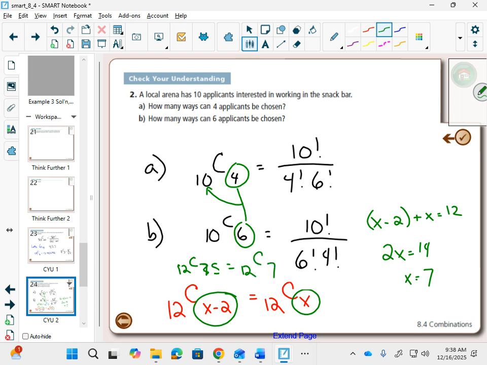Yes, if I have 12 things and I make a group of 5, I'm left with a group of 7. So there are things in this connection and combinations is important. And sometimes it's going to be much easier to figure out the other one.